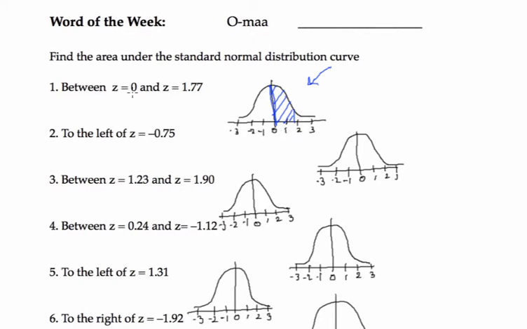So find the z-score of 0 in your table and find the probability. That's 0.5. We know that because this whole thing has a probability of 1 or 100%, so half of it, from 0 to the left, is going to be 0.5 or 50%. The probability that corresponds with the z-score of 1.77 from my table is 0.9616.